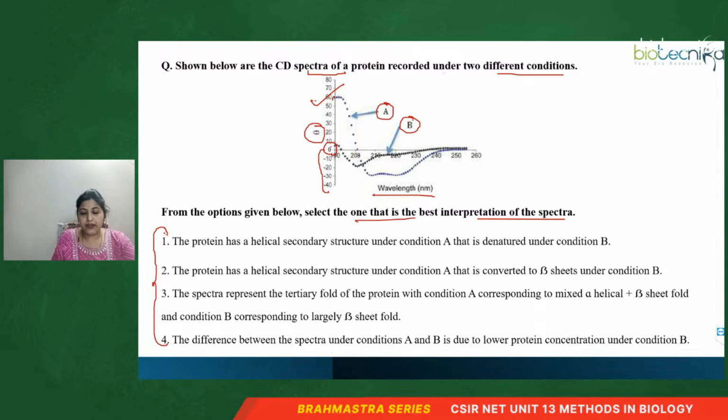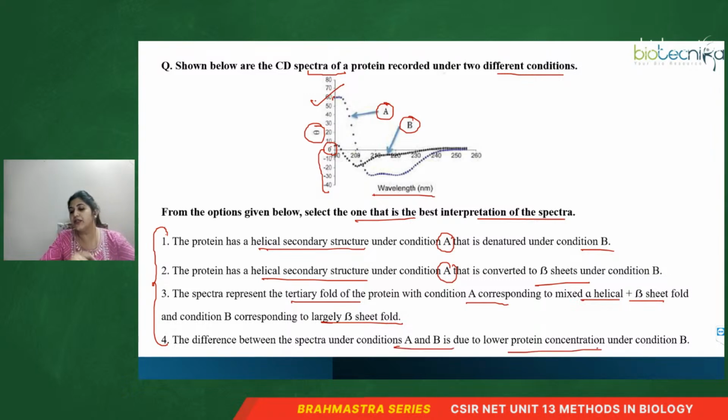The first statement is that the protein has a helical secondary structure under condition A, which is denatured under condition B. The second statement is that the protein has a helical secondary structure under condition A that is converted to beta sheets under condition B. The third statement is that the spectra represents the tertiary fold of the protein, with condition A corresponding to a mixed alpha helical plus beta sheet fold, and condition B corresponding to a largely beta sheet fold. And the fourth statement is that the difference between the spectra under condition A and B is due to lower protein concentration under condition B.